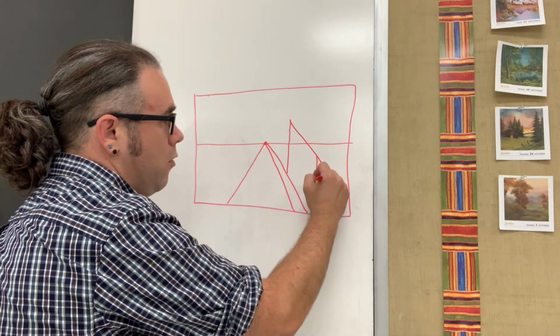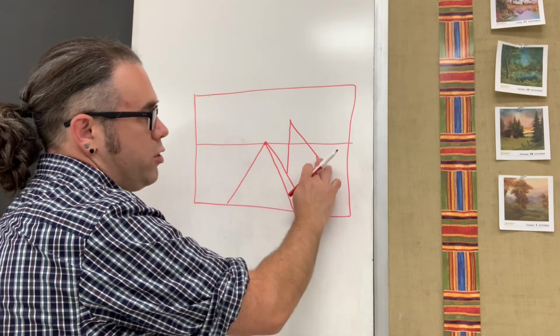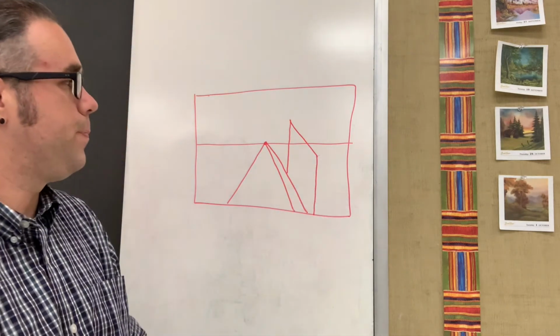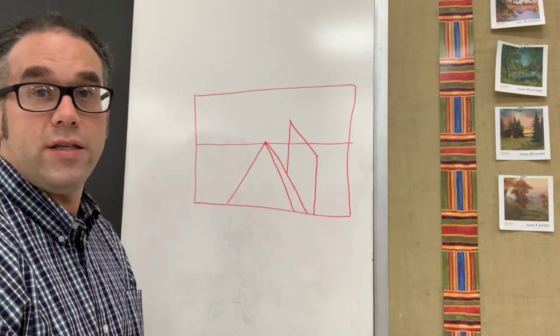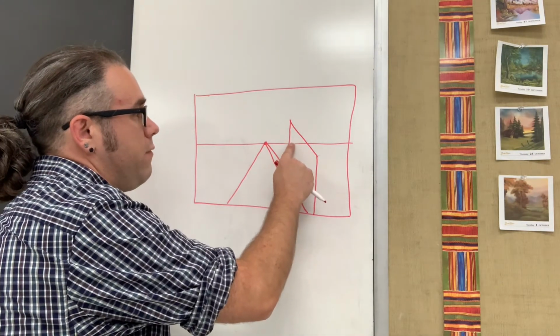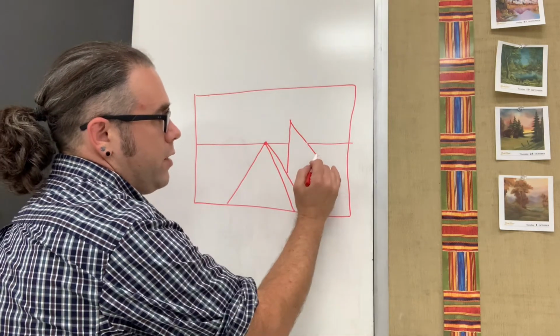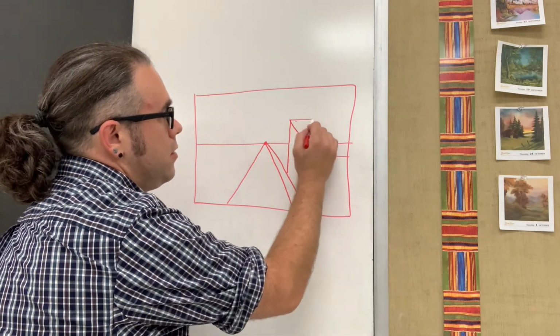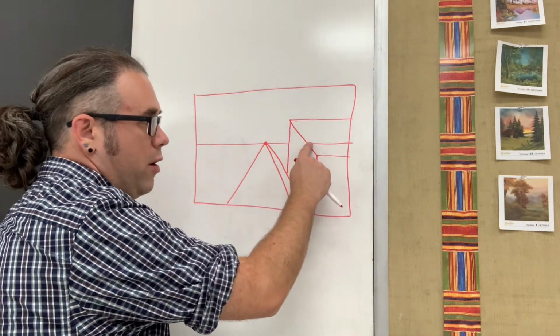And another vertical line. Made that a little too long, so I'm just tidying that up. Since this goes above the horizon line, we need to get rid of this one in between. And then everything else is a horizontal line. We'll get rid of this all the way across.